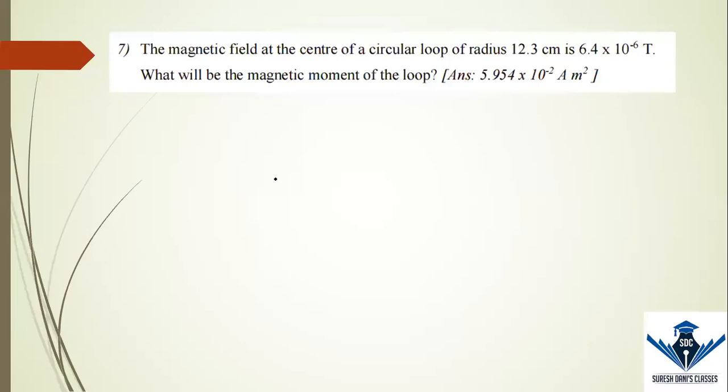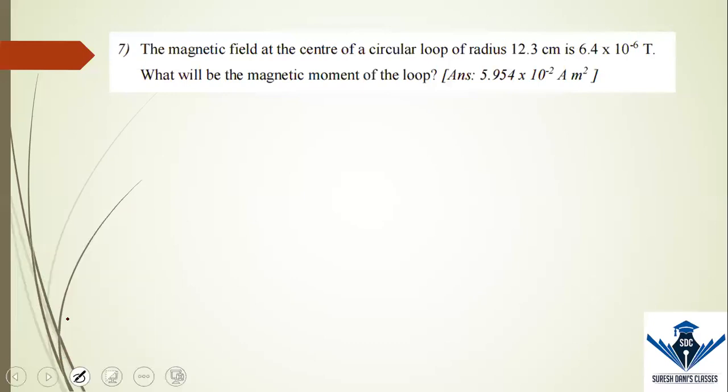The magnetic field at the center of a circular loop of radius 12.3 centimeters is 6.4 into 10 raised to minus 6 Tesla. So the magnetic field is given and the radius is given. What will be the magnetic moment of the loop? So what have they given us?